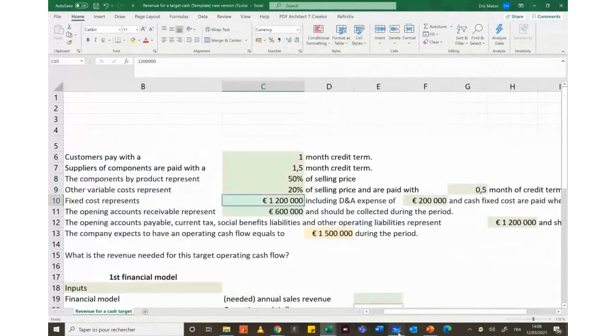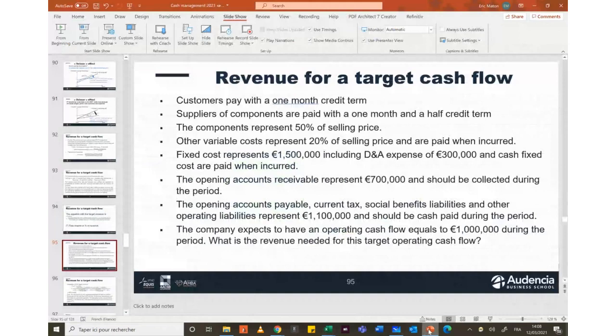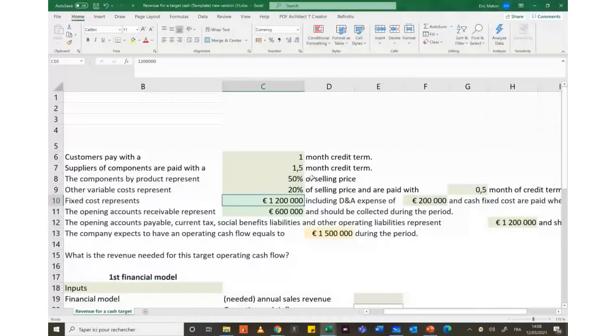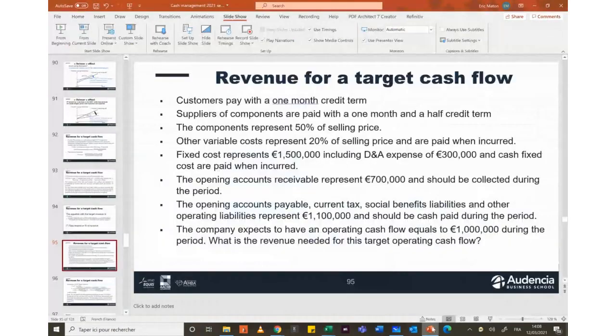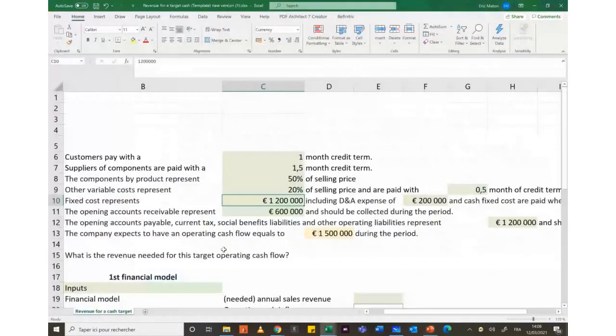And the customers pay after 1 month, and suppliers 1.5 months. The fixed cost is 1.5, so we will put 1.5. We put 300 for the D&A.